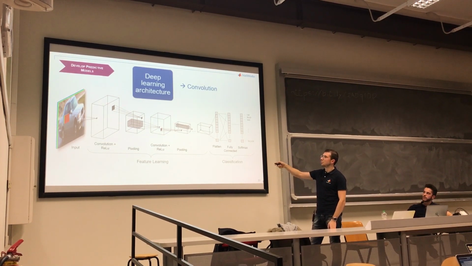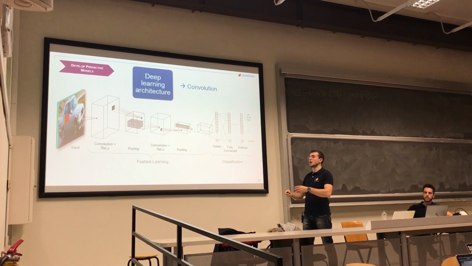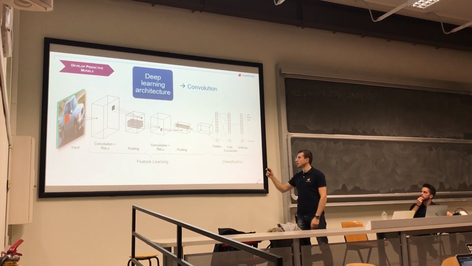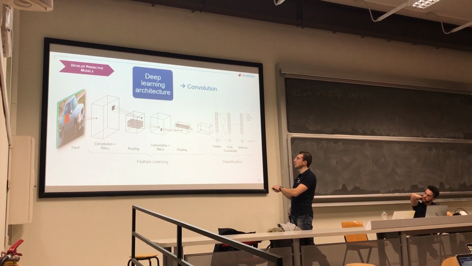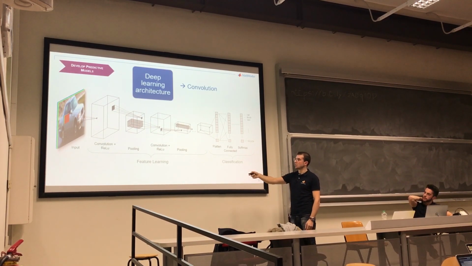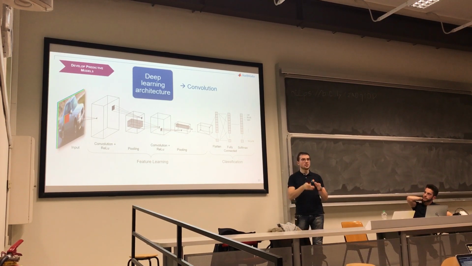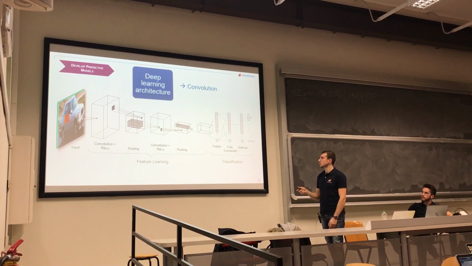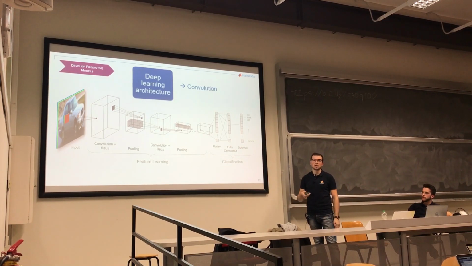You have the input, the convolution, then a pooling structure that reduces the dimension, then another convolution, then another pooling that reduces the image, and then the last part, called classification. The first part is called feature learning, where we highlight the features inside our image. Then we go to the classification part, which decides in which category our input belongs.